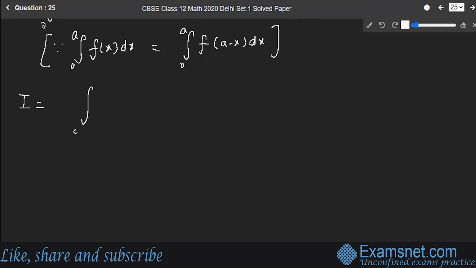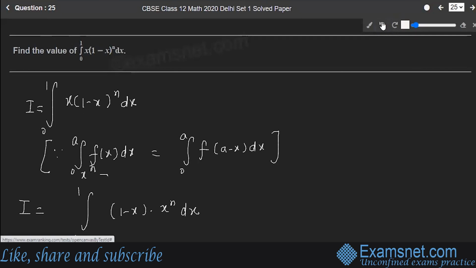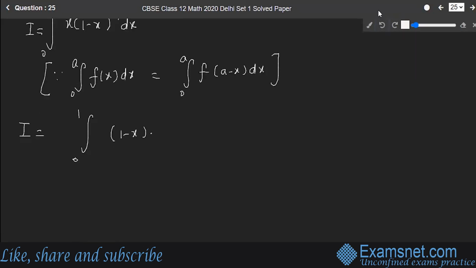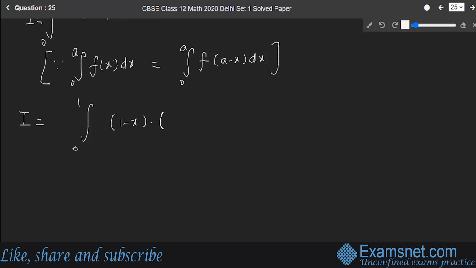limits 0 to 1. This will be 1 minus x into x raised to power n dx. Let's write it more clearly: 1 minus x into 1 minus (1 minus x) whole raised to power n dx.